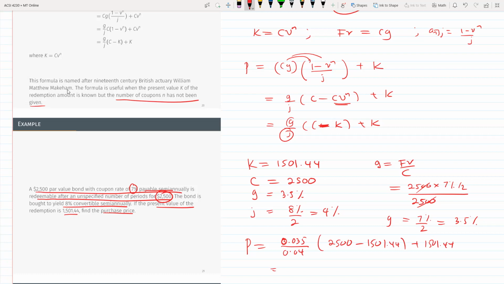So in a way, still you need to know somehow the term of the bond. It's kind of like hidden, because when you're getting the present value of redemption amount, it's kind of like hidden there. Check that value again. Maybe I made a mistake. Just check it again.